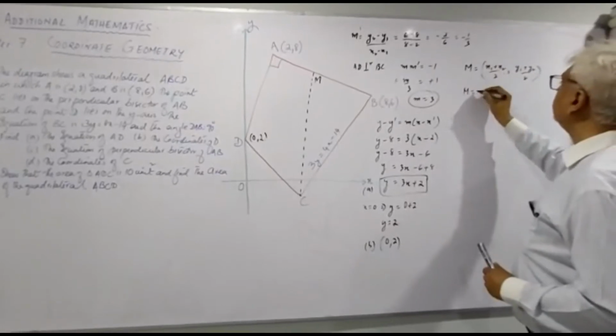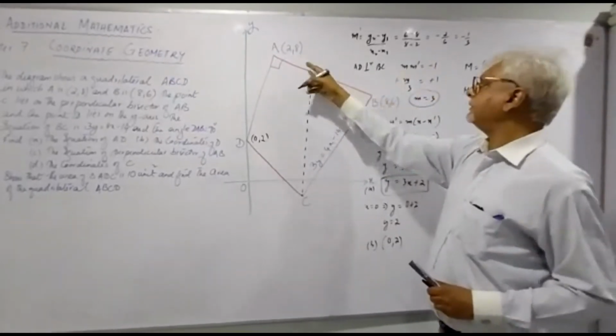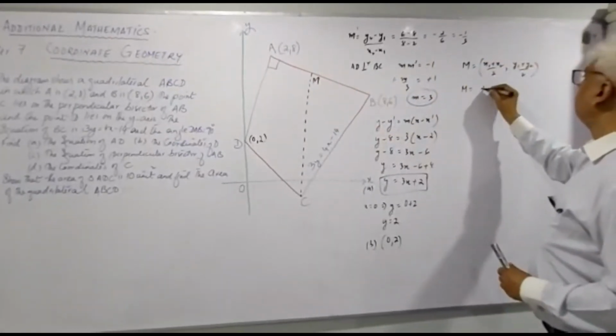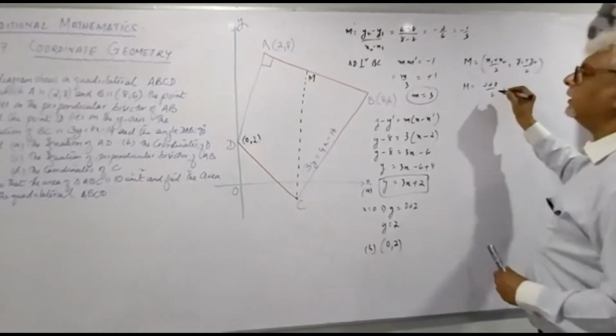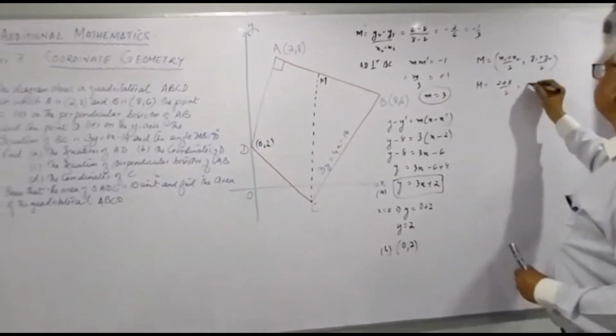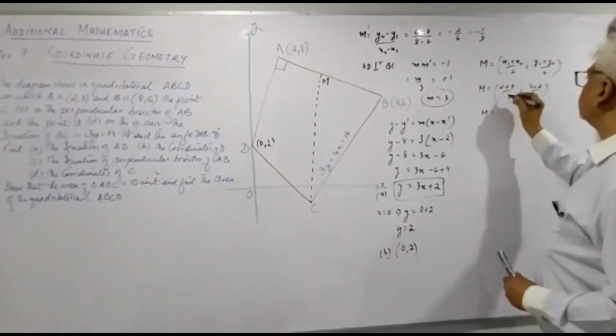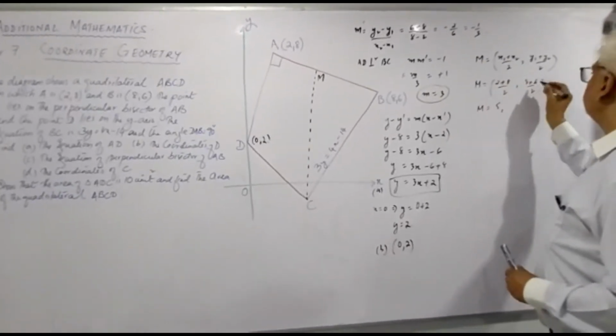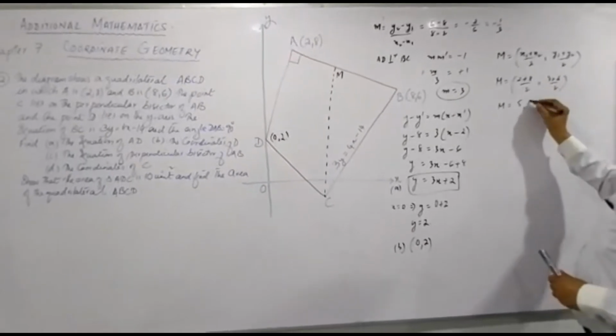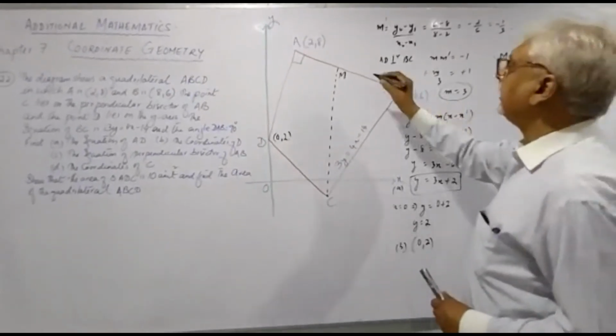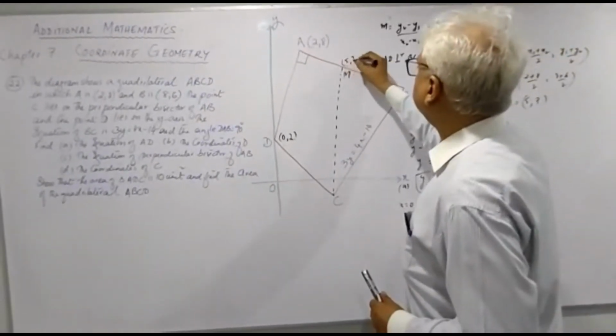So the midpoint will be ((2 + 8)/2, (8 + 6)/2). So this would give us 10 divided by 2 is 5, and 14 divided by 2 is 7. So our midpoint M is (5, 7).